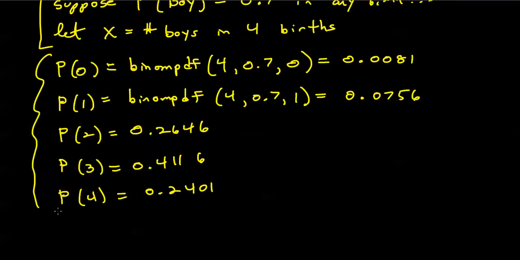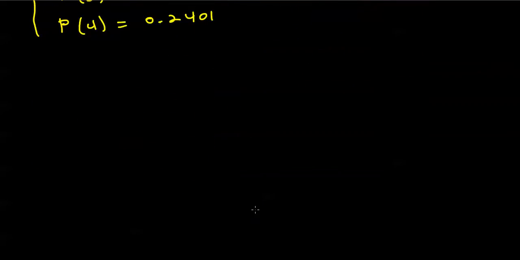Alright. What I'm going to do now is summarize these results in a table. Really, I'm constructing a binomial probability distribution for this binomial experiment. So let's go down here, I'll summarize the above results in a table fashion.